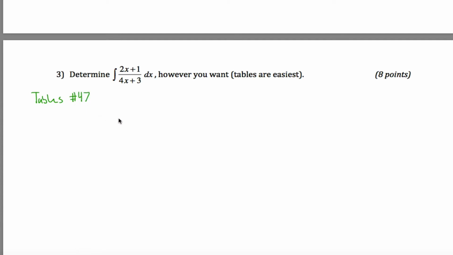What number 47 in the tables tells you is that the integral of u du divided by a plus bu is equal to 1 over b squared times a plus bu minus a natural log of a plus bu, and my parentheses, tack on a plus c.